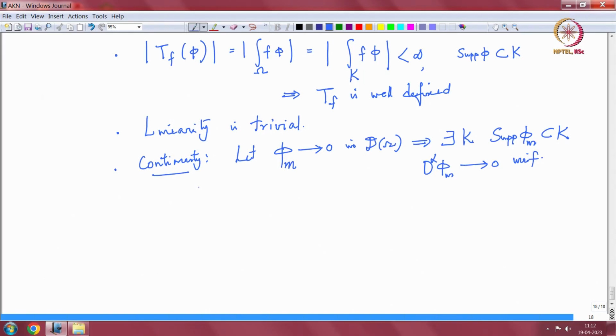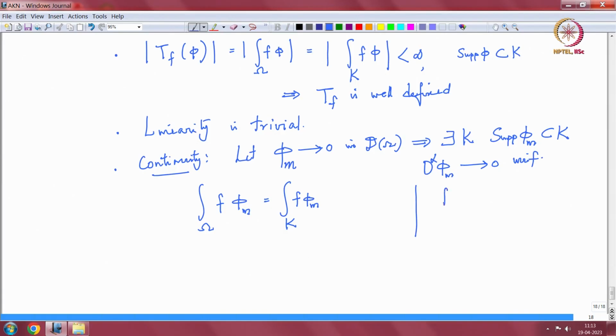So, now we want to show this one, the integral of f phi m over omega. This is the same as the integral over K, because there is a fixed compact set, of f phi m. So, there is something you can immediately understand: phi m goes to 0 uniformly, and in particular pointwise.